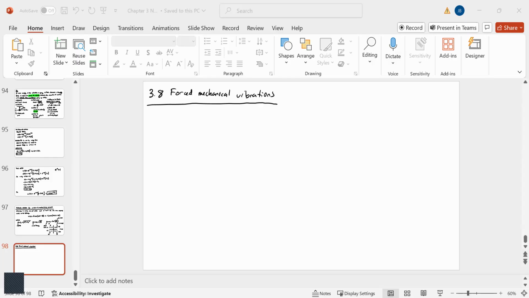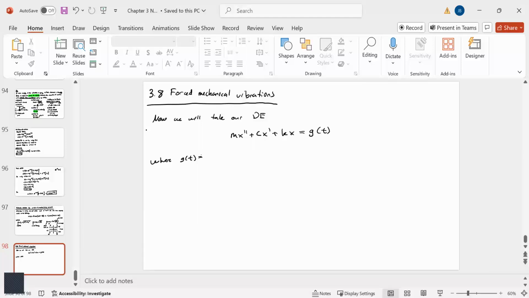So, in this final section of chapter 3, we're going to talk about forced mechanical vibrations. Now we will take our differential equation, mx double prime plus cx prime plus kx, and we're going to set it equal to some function g of t, where g of t no longer equals 0.